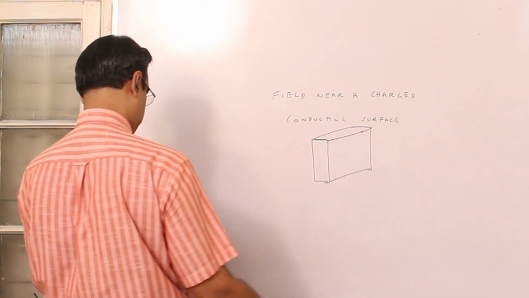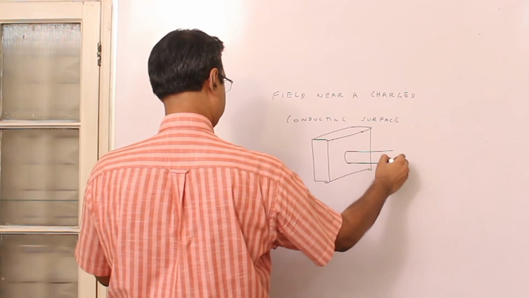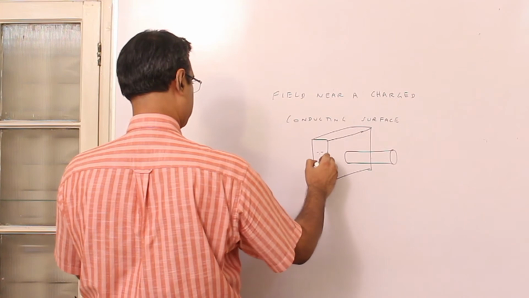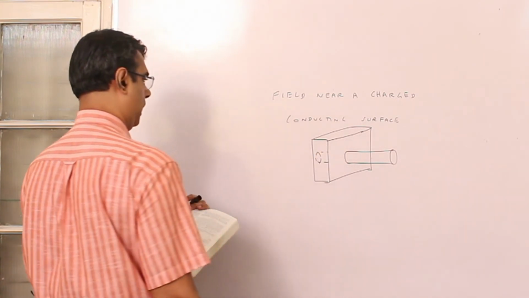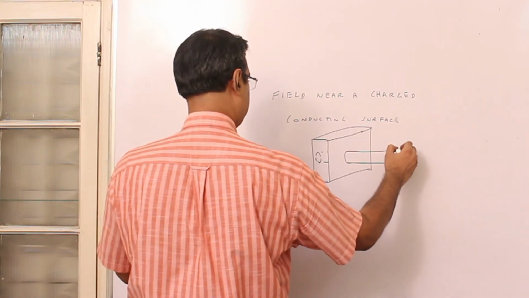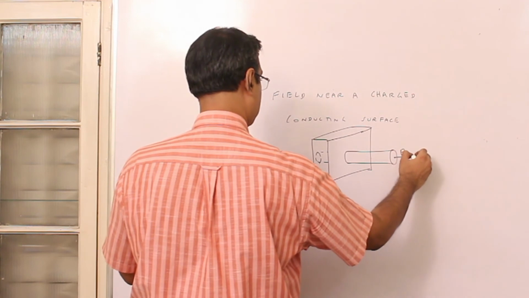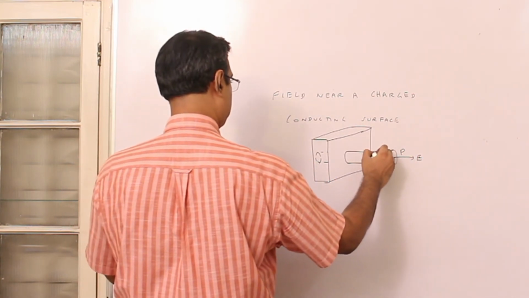So this is a conducting surface. I am considering a point P. We are interested in finding out the field at the point P. So this will be the direction of the field.